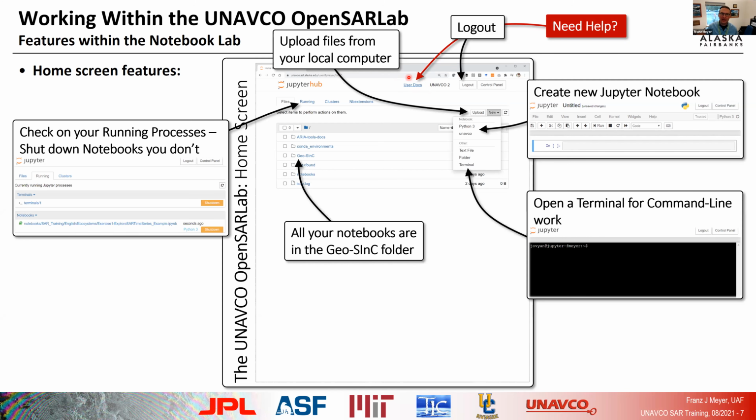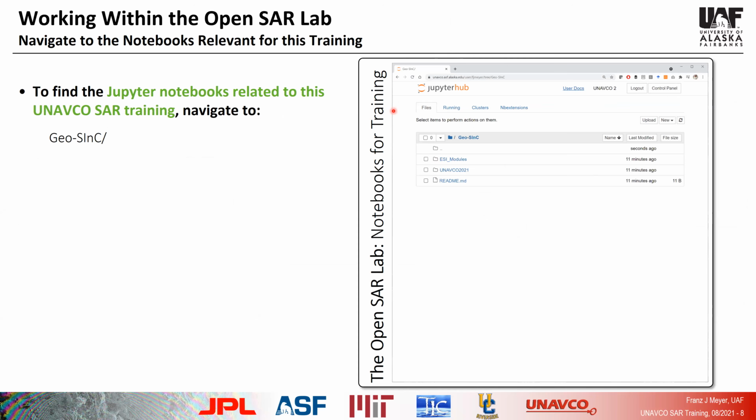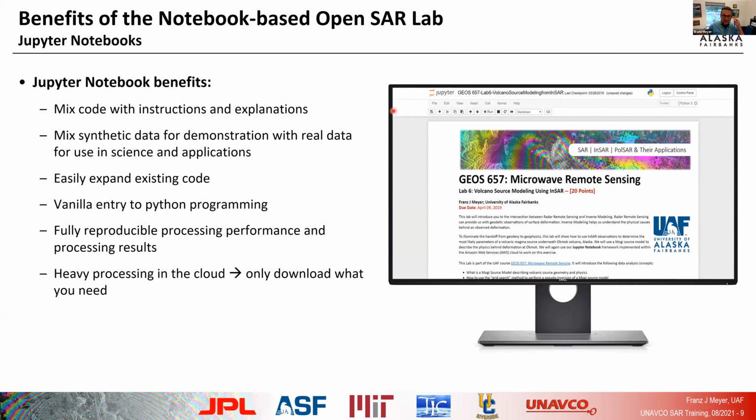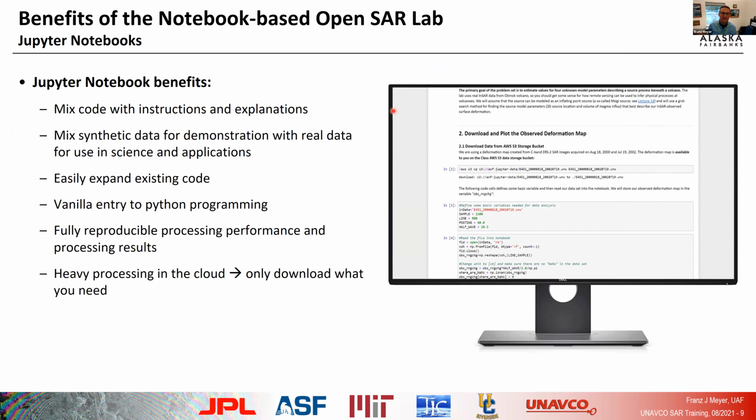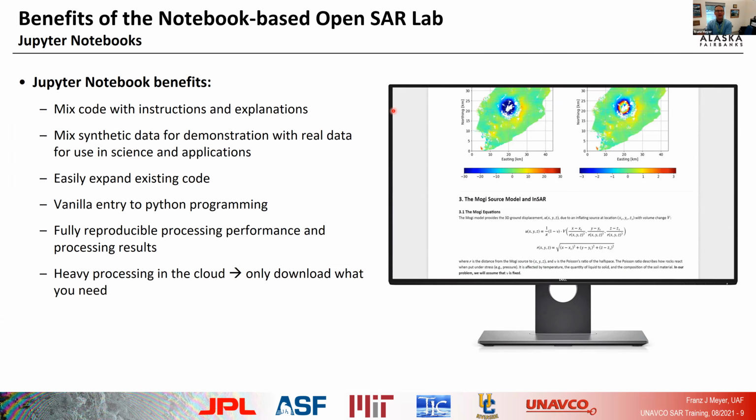If you have questions about how to use the OpenSARLab or how to use notebooks, you can click on this user docs link and it provides you some additional information. So I'm going to go through all of these items of the home screen here in a second. And I think that's mostly what I wanted to talk about before I actually show this off live.